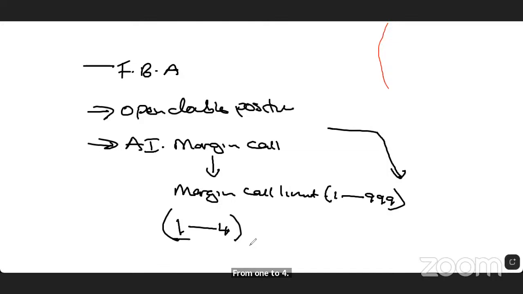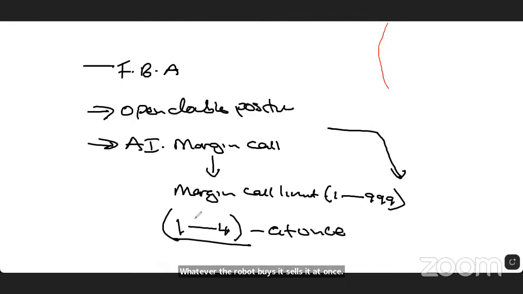But from 1 to 4, whatever the robot buys, it sells at once. It means that from your first call to your fourth call, the amount of money it has put in is covered by the take profit that you see on the next word there, called whole position take profit.